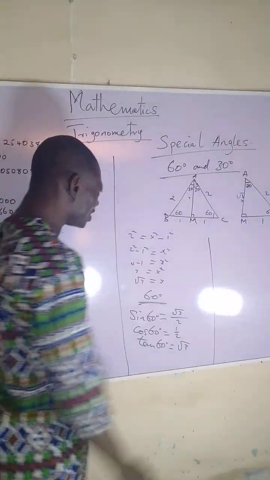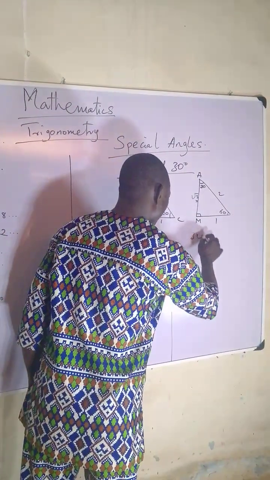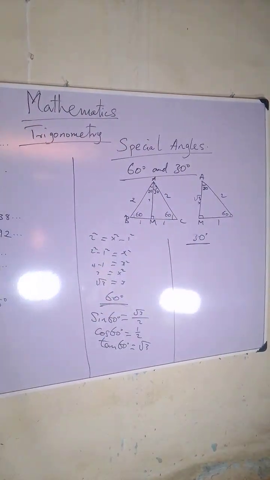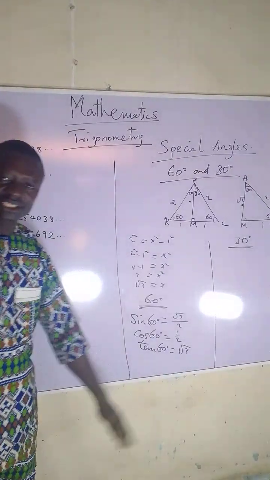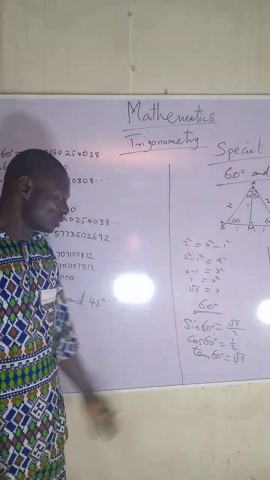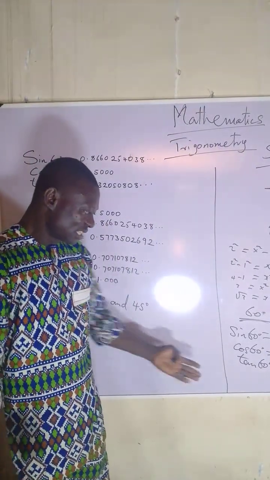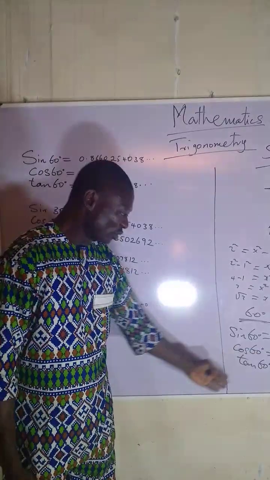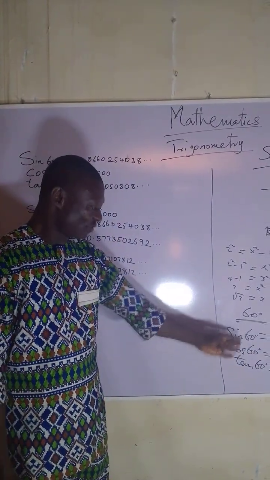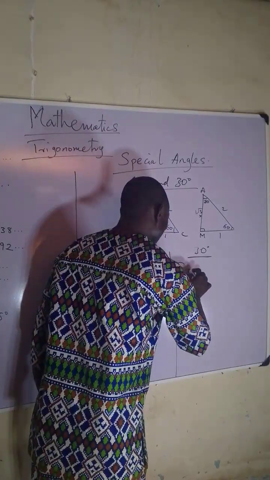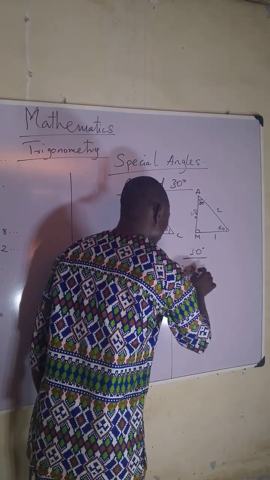Let us get to 30 degrees. In angle 30 degrees, we are interested in finding the sine, cosine, and tangent as well. We may leave cosecant, secant, and cotangent, simply because we know they are the reciprocals of the other ratios. So let's find sine 30 degrees.